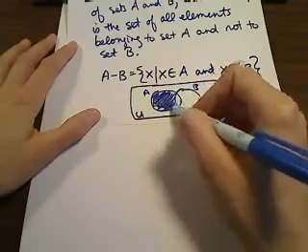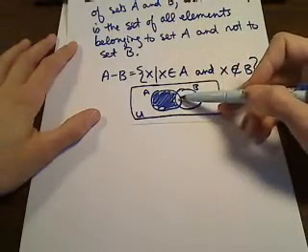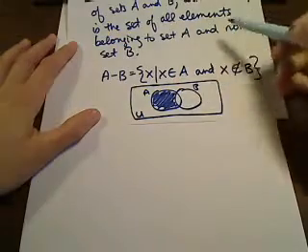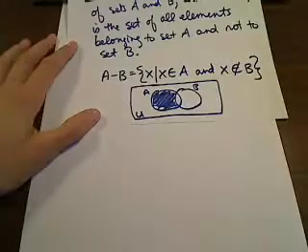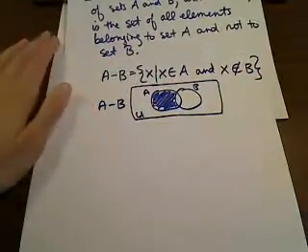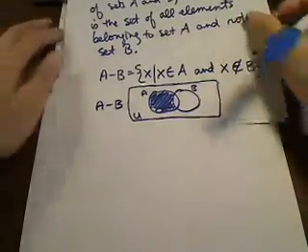Because if I shaded this middle region, those elements are going to be elements of B. And when I do a subtraction, I'm taking all of those elements away. Okay, so this right here is going to be the Venn diagram for A minus B.